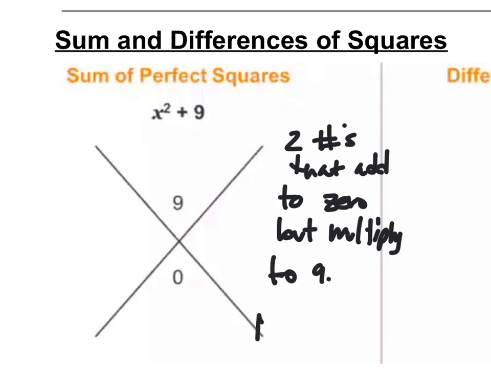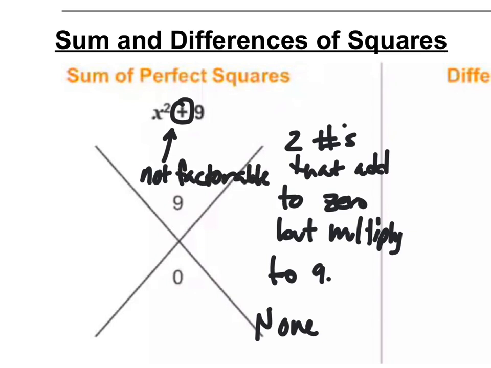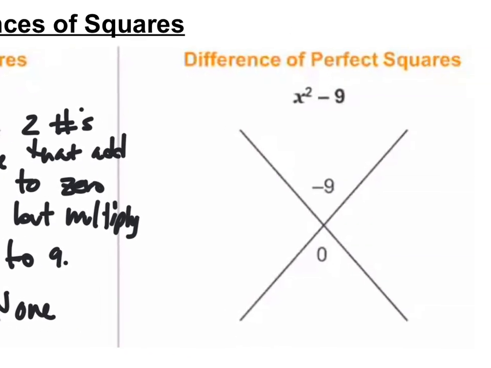There are none that do this. So if you have a plus symbol here, then this doesn't work, okay? This is not factorable, and so it's a prime polynomial, actually. That's the idea. If you have the plus symbol in there, it's not going to work, okay? Think of two numbers that add to 0 and multiply to 9. If you want to try that on your own, you can do that. I'll wait for you to do that, and you can just come tell me when you want to.